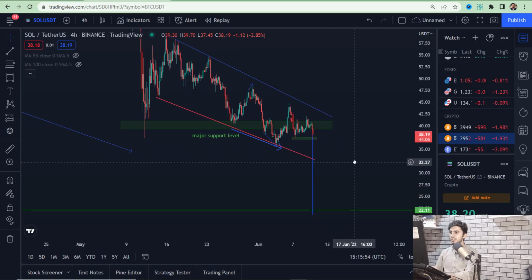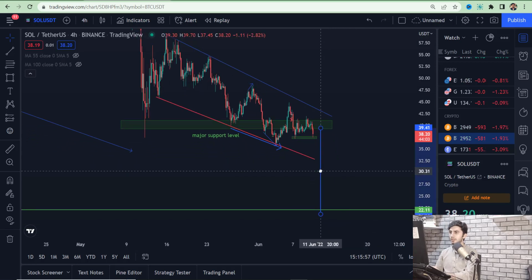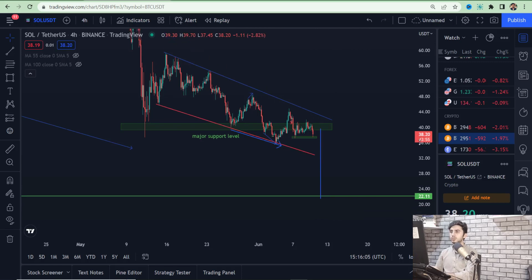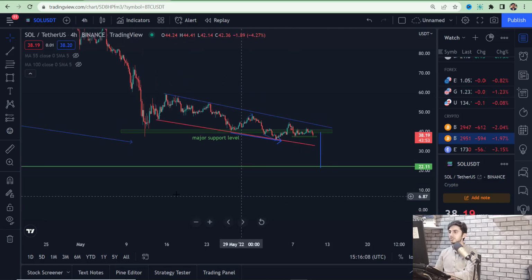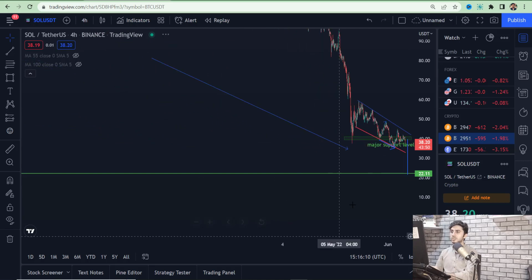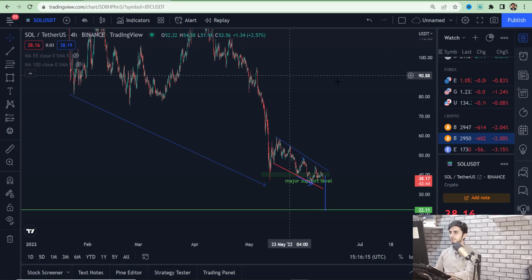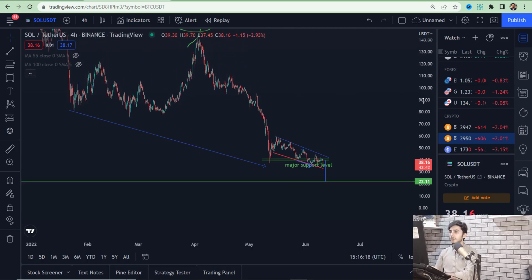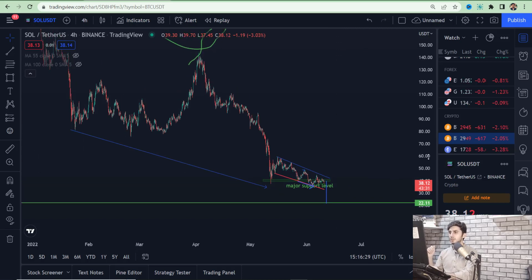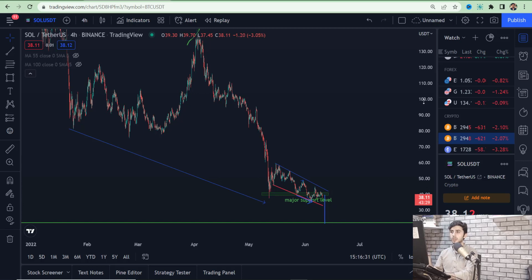So technically you can see that it has broken down, and it would have the exact target of $22, which is, to your surprise, just the 1.618 Fibonacci retracement number. That is a good coincidence. So let's hope that if it comes here, that is a point to capitulate the Solana coin, and that will be your good option if you are willing to enter into Solana.